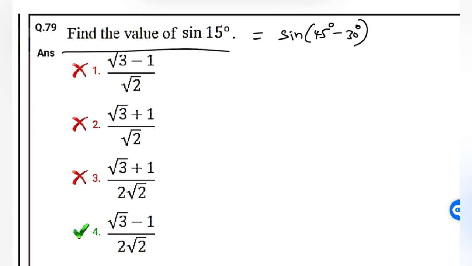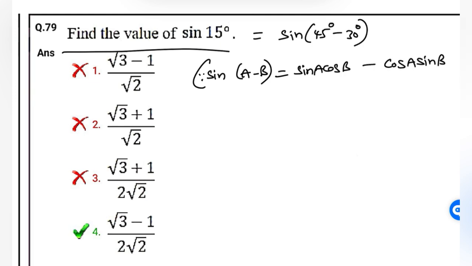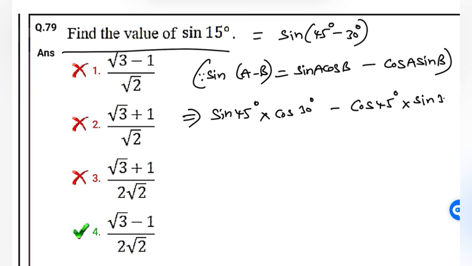It is in the form of sine A minus B. We know that sine A minus B is sine A cos B minus cos A sine B, which implies sine 45 into cos 30 minus cos 45 into sine 30.